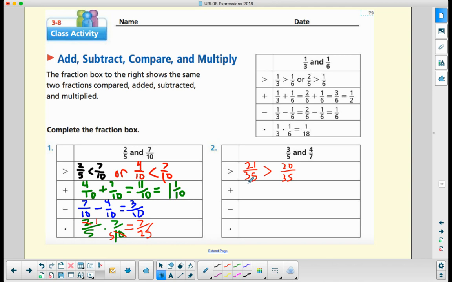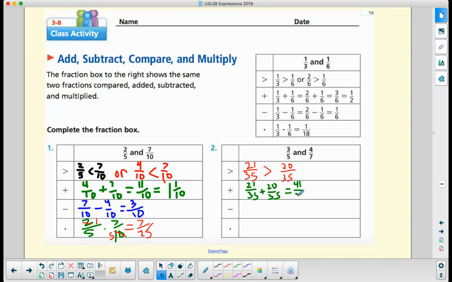them anyway. So I'm going to use the fractions with common denominators, 21/35 plus 20/35. So I have the same unit fraction, 35ths. I have 21 of them, plus 20 more of them would be 41 of them, or 41/35.